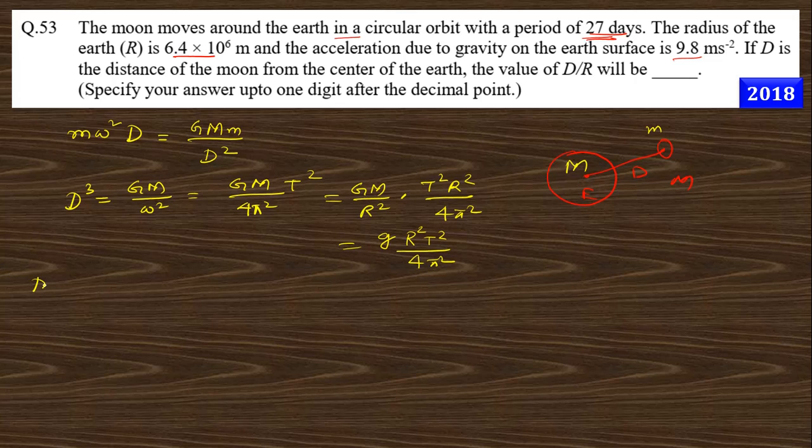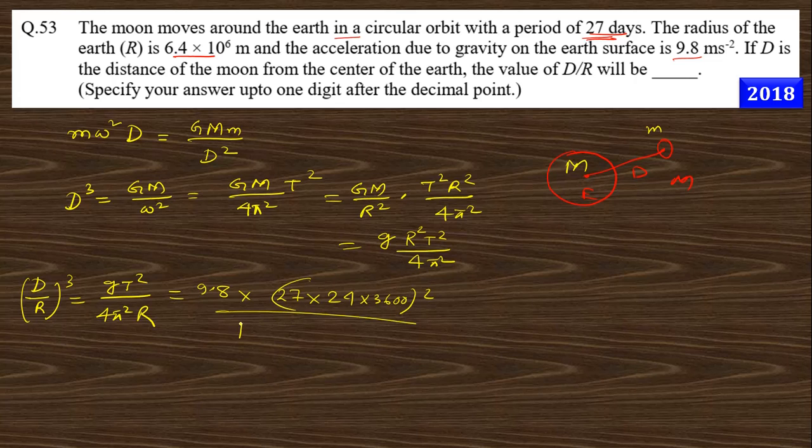If you write d by r whole cube, there is a division by r cube, so g T square by 4 pi square r. Just put the values: g is 9.8, T is 27 days, that is 27 into 24 into 3600 whole square, by 4 pi square, and r is 6.4 into 10 to the power 6.